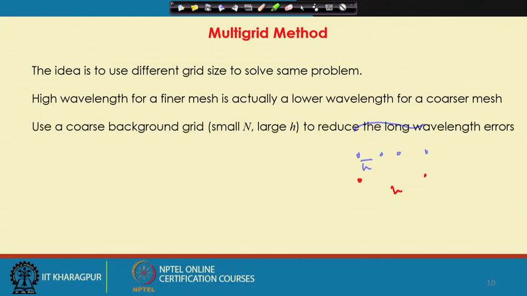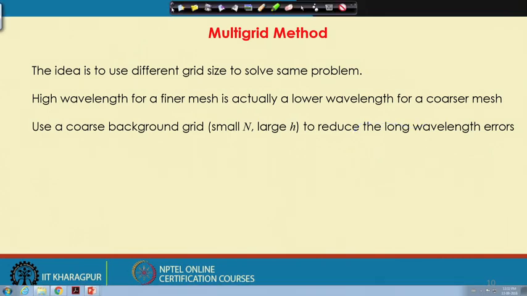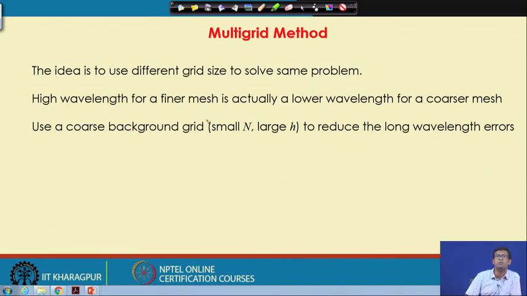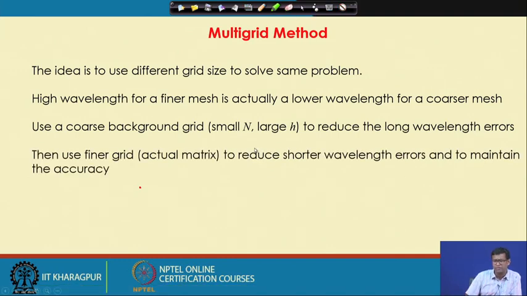Use coarse background grids to reduce the long wavelength error. First use a coarse background grid, with small n and large h, where what is long wavelength for a finer mesh will be short wavelength for the coarse mesh. Then use a finer grid to reduce shorter wavelength errors and to maintain the accuracy.